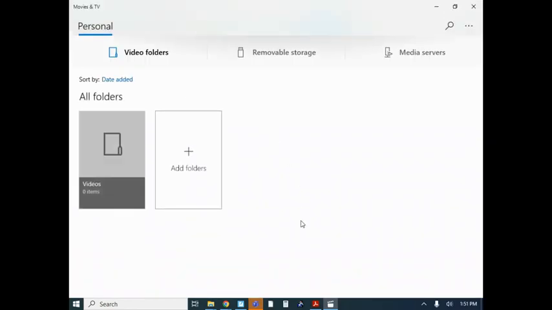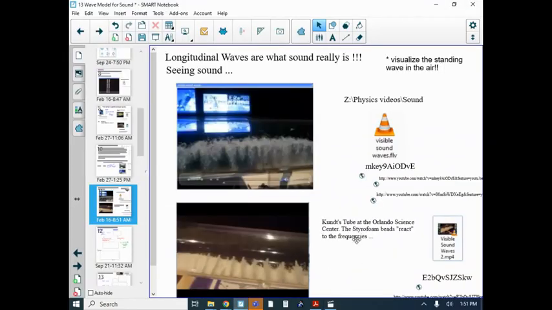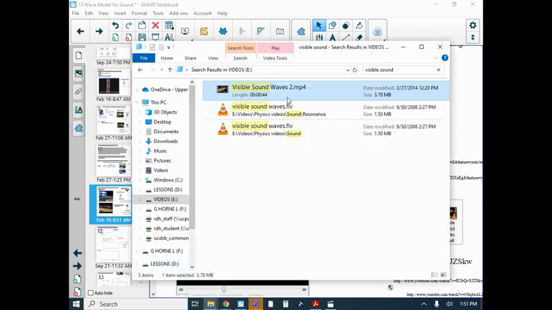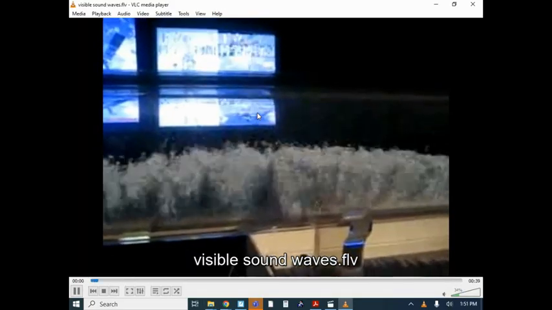See the longitudinal standing wave in another way there, and this one. Sound waves too, I guess. One of them is, you can tell it's like pieces of string. That one I loaded up. It's the one that's like yarn or something.